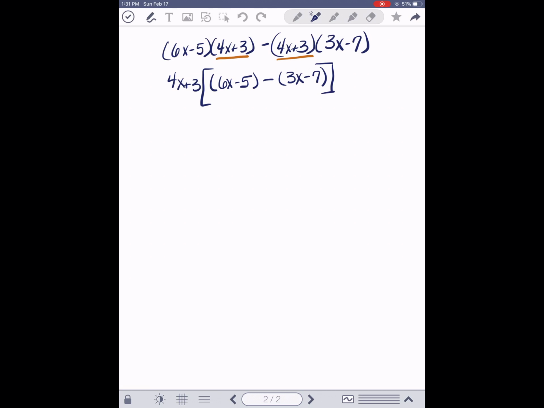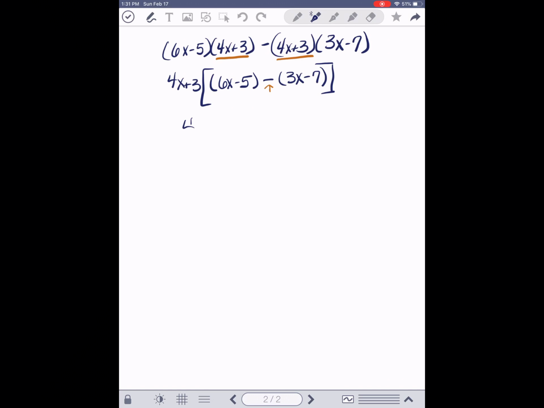Notice I put those in brackets because we removed a 4x plus 3 from both, so you need to keep your binomials in parentheses, because this subtraction right here has to be distributed throughout this binomial. That's going to make a difference when we simplify it.